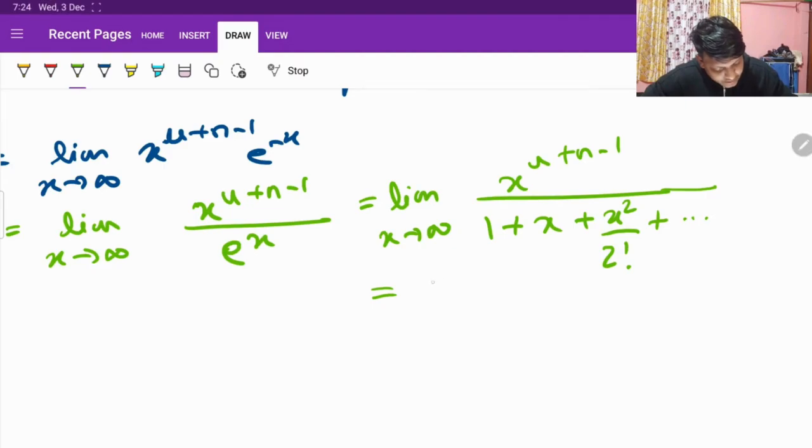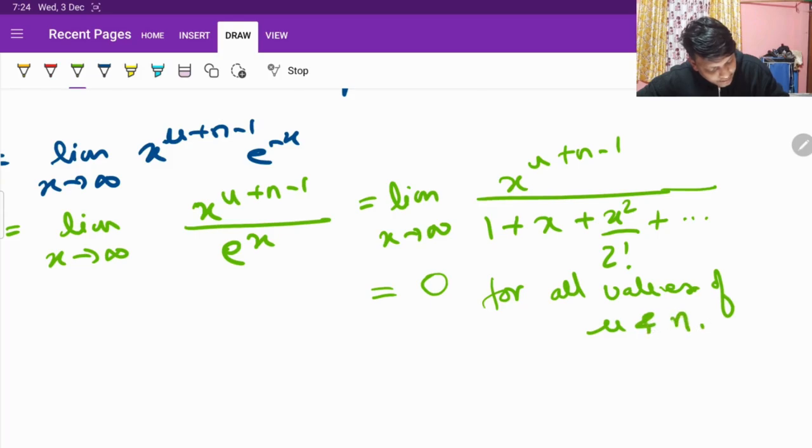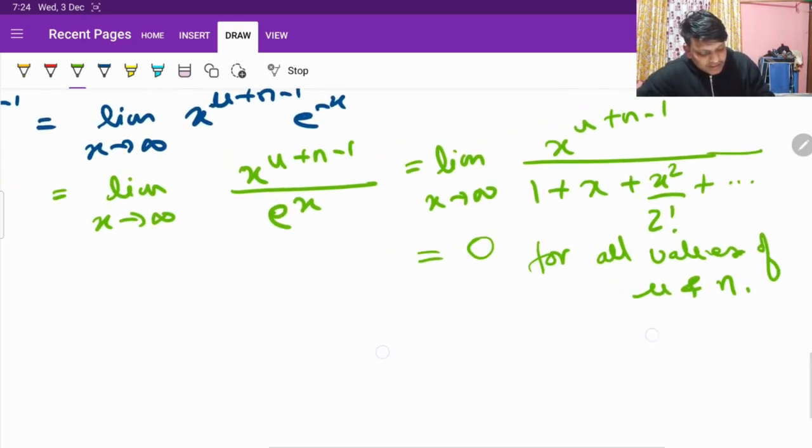So this limit is going to be 0, for all values of mu and n. Since it is true for all values of mu and n, and we got a finite value, 0, over here, we can take mu to be greater than 1 for this case.